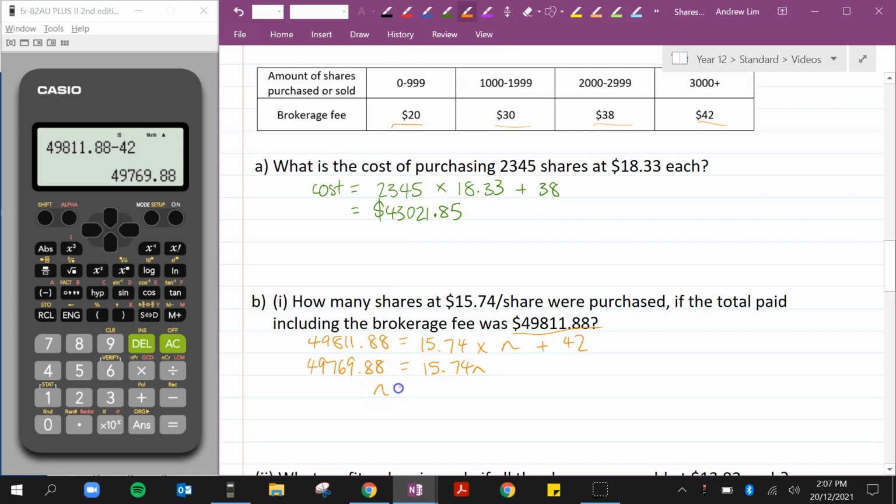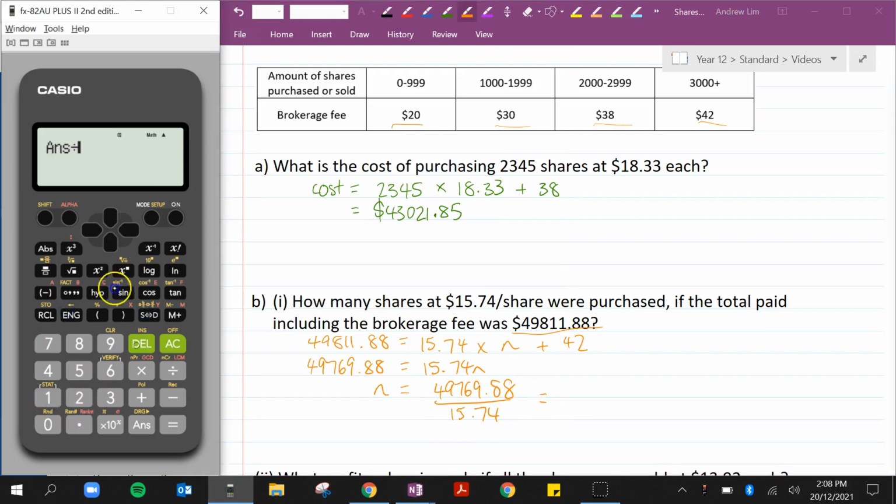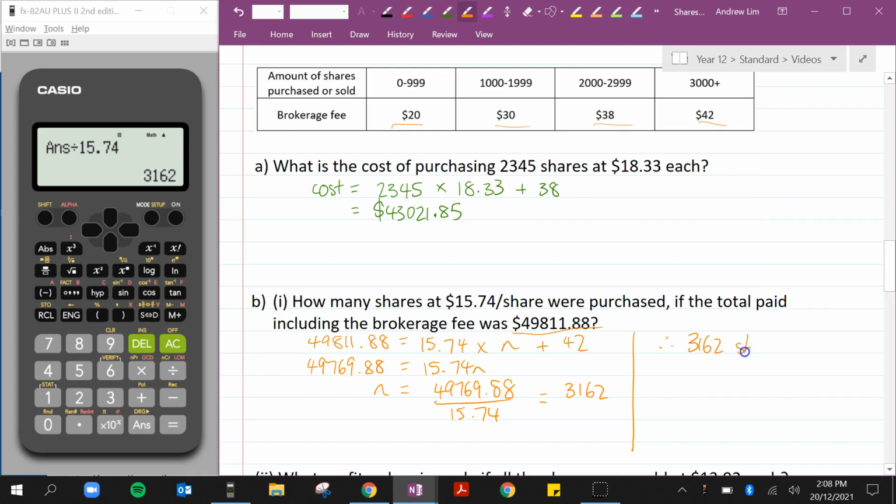And so for the number of shares, I'm just going to divide both sides by 15.74 now, which is 3,162. So I'm just going to write a concluding statement. Therefore, 3,162 shares were purchased.